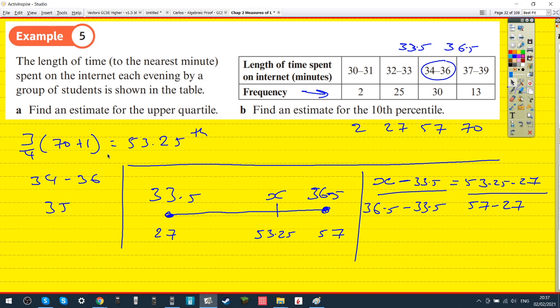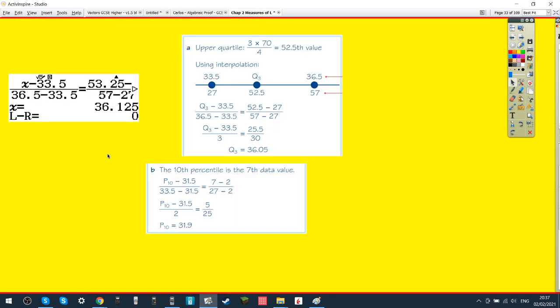Did they just do 3/4 of 70? I did 3/4 of 71. They did. It's fine. Our way is the correct way. It's within the tolerance. So they're just simplifying it a little bit and just saying 3/4 of 70.